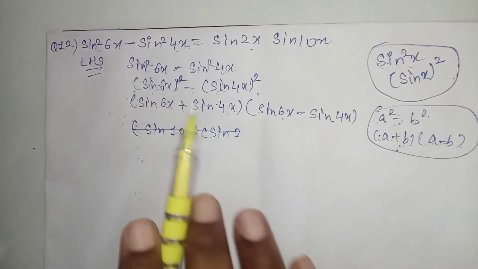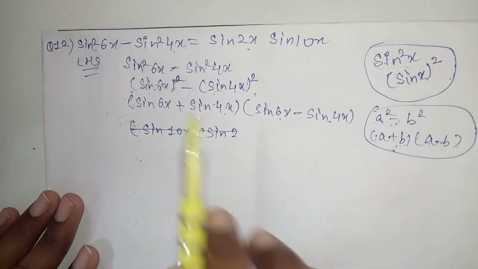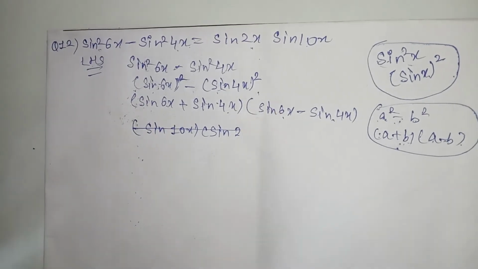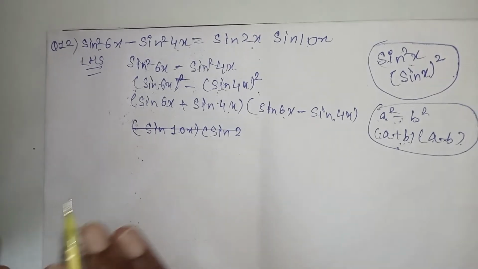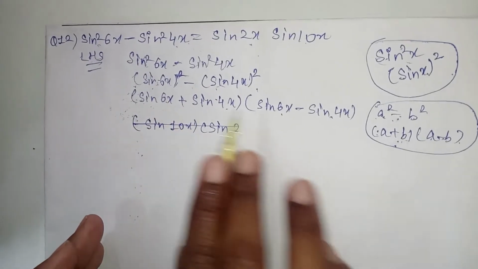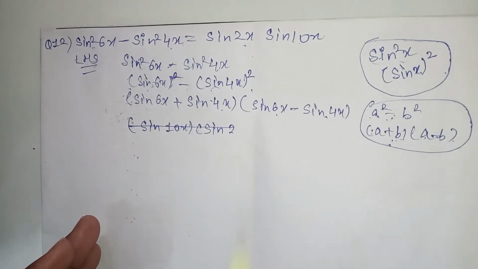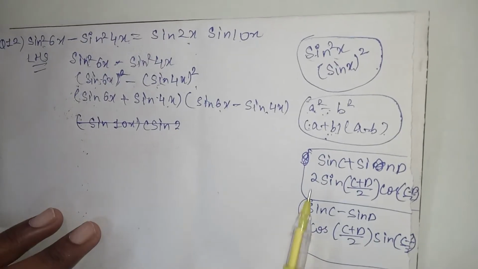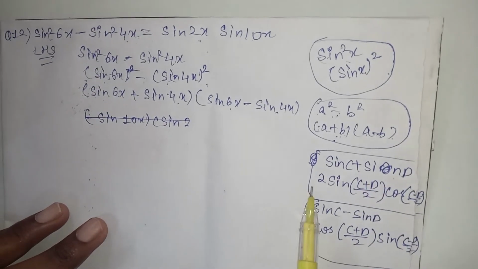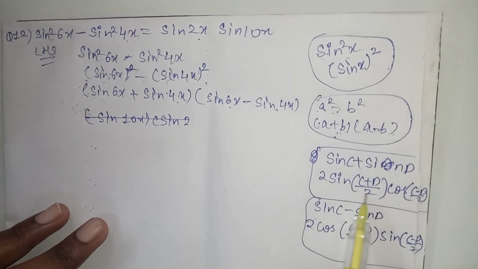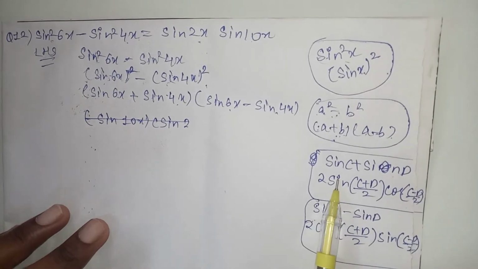Sorry guys, I made a mistake. Whenever you get sine 6x plus sine 4x like this, don't add it. Okay, in exercise 3.3 introduction, so many formulas as I have said, you have to use when a situation comes like this. See in which form it is. In exercise 3.3 introduction, I have said sine c plus sine d means 2 sine (c plus d) by 2 into cos (c minus d) by 2. Why am I saying it is in this form?